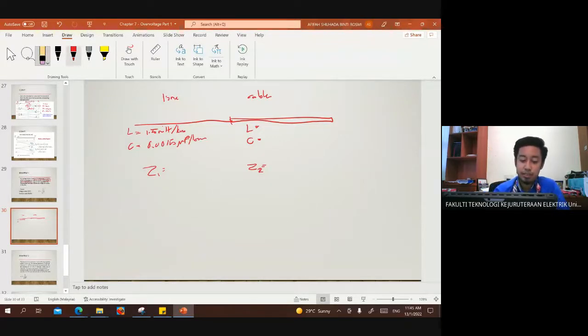Berapa nilai Z1? Z is equal to square root of L over C.